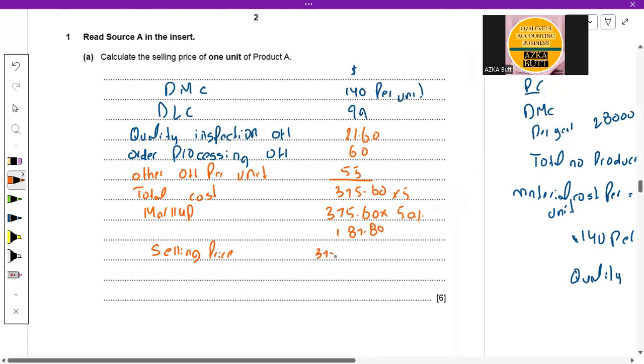So 375.60 plus 187.80, and this is equal to $563.40. This is the selling price of product A.